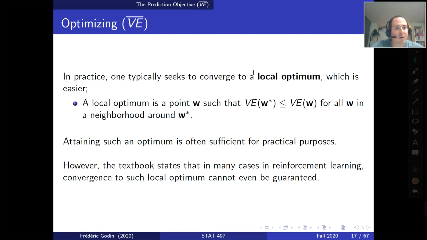The theoretical convergence properties of reinforcement learning algorithms with approximation are not extremely nice. You cannot have a guarantee of convergence to some local optimum unless you're in very specific cases. For general cases, say you use neural networks, you might not even converge to local optima.